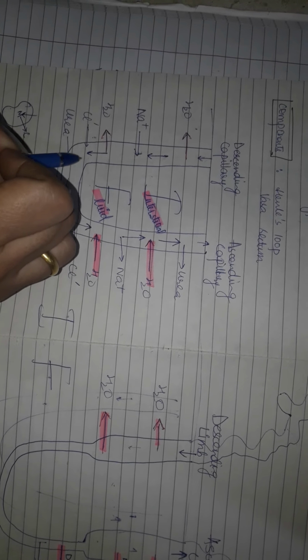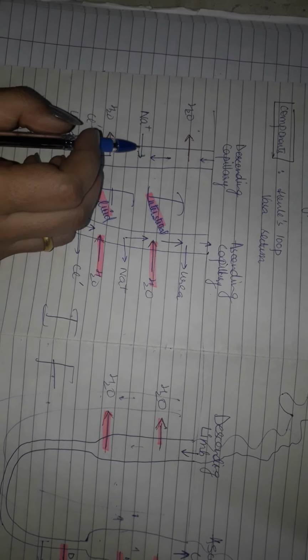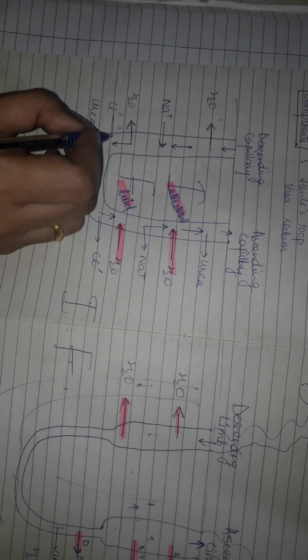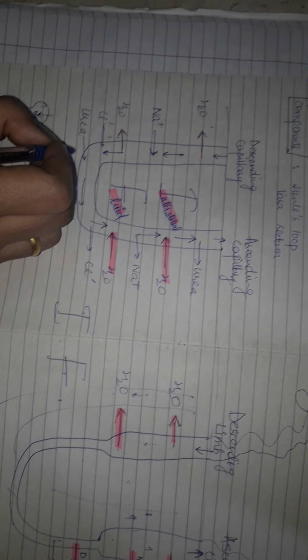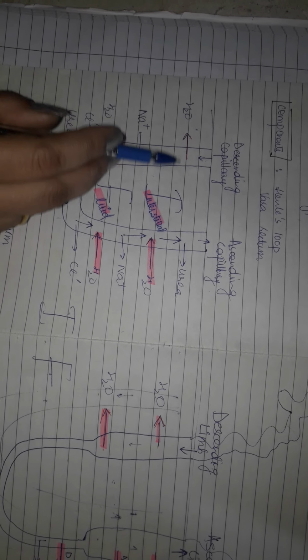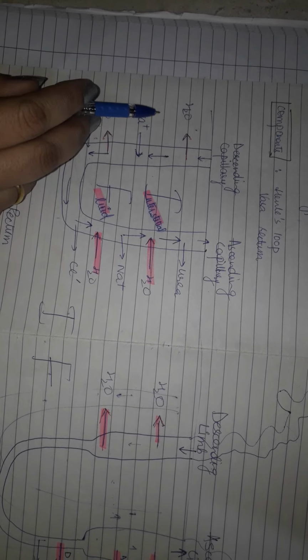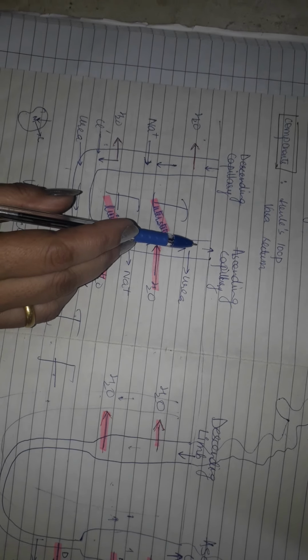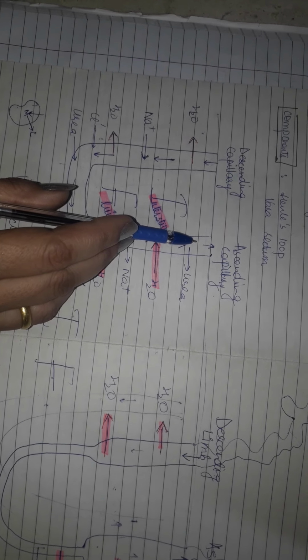In the descending capillary of vasa recta towards the renal medulla, there is progressive increase in the concentration. We can see the sodium ions and chloride ions are entering, urea is also entering, and water is leaving the descending capillary. And as the blood flows in the ascending capillary of vasa recta towards the renal cortex, what happens?